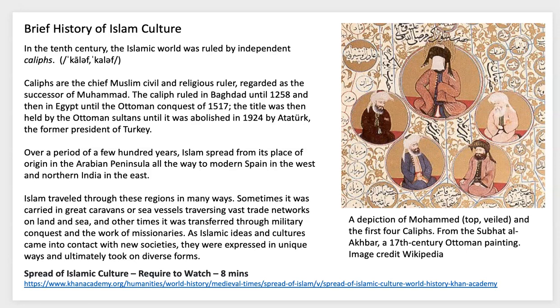And even though the politics were changing, the word of Islam and the belief system was still spreading all throughout Europe and the Middle East and into northern parts of Africa.